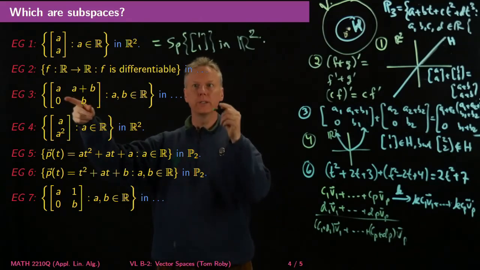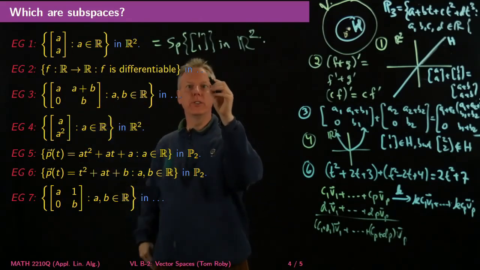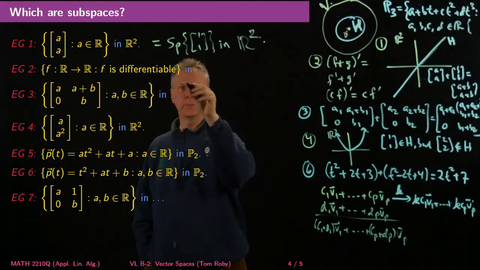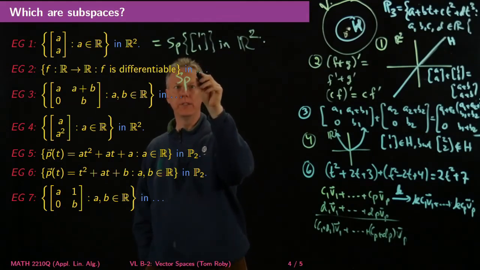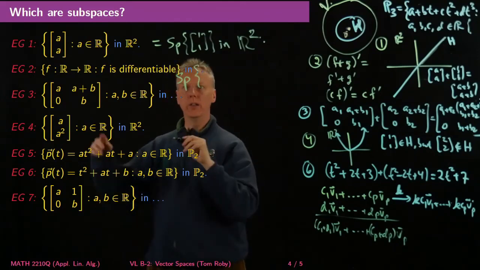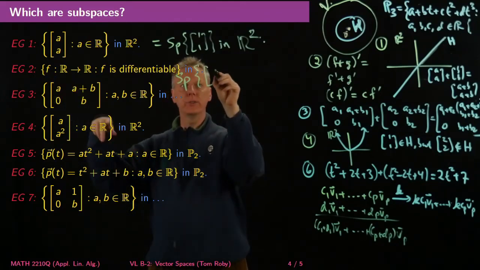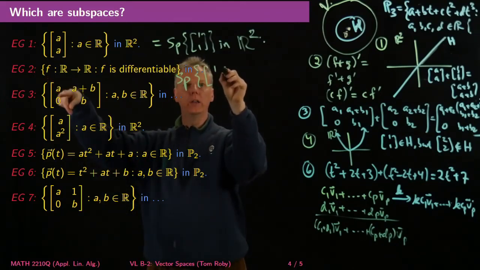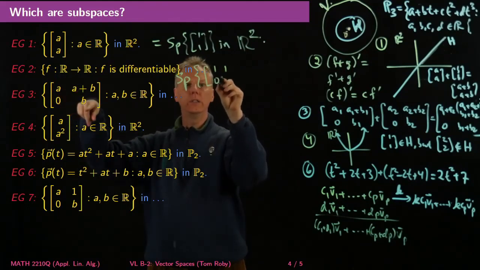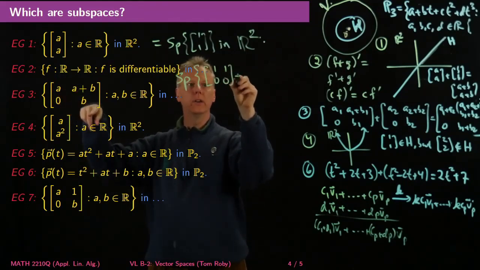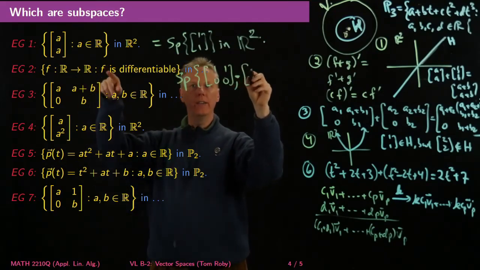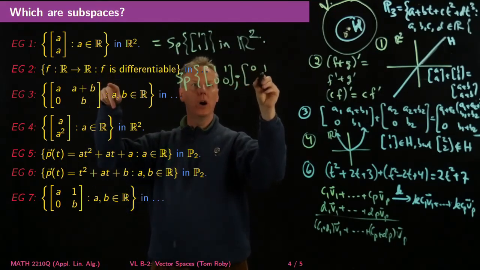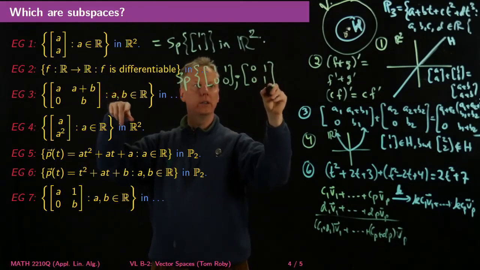But this set of matrices you can think about as really being the span of a couple of matrices. What is it? It's the span of the set. Well, I can have matrices, if I take 1, 1, 0, 0, or I can have 0, 1, 0, 1.